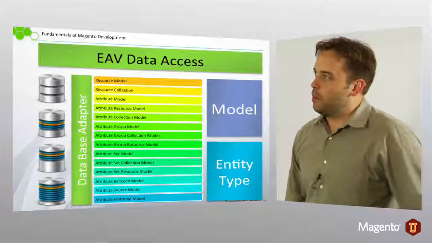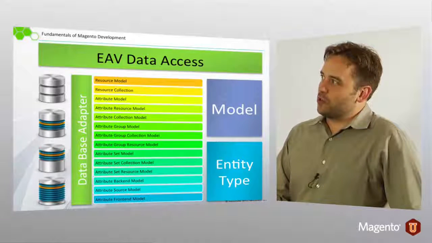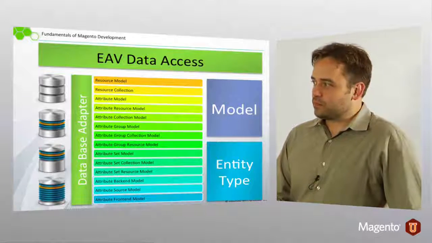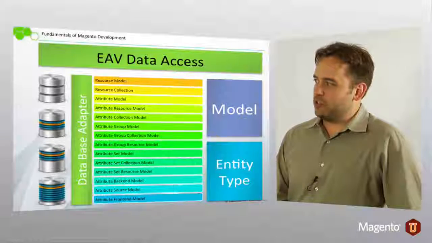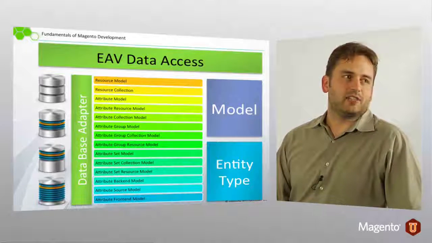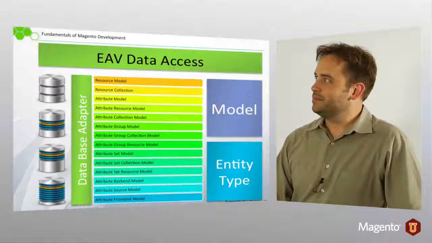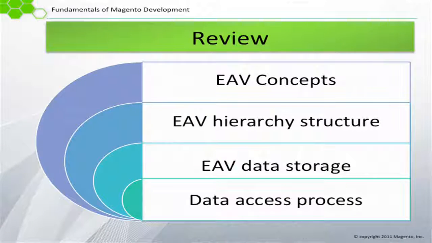Pretty much we deal with resource models and collections, and we deal with the back-end, source and front-end models, the attributes. And that is your overview of EAV. I know, you may have heartburn now, but that's okay. That would be EAV entity attributes.